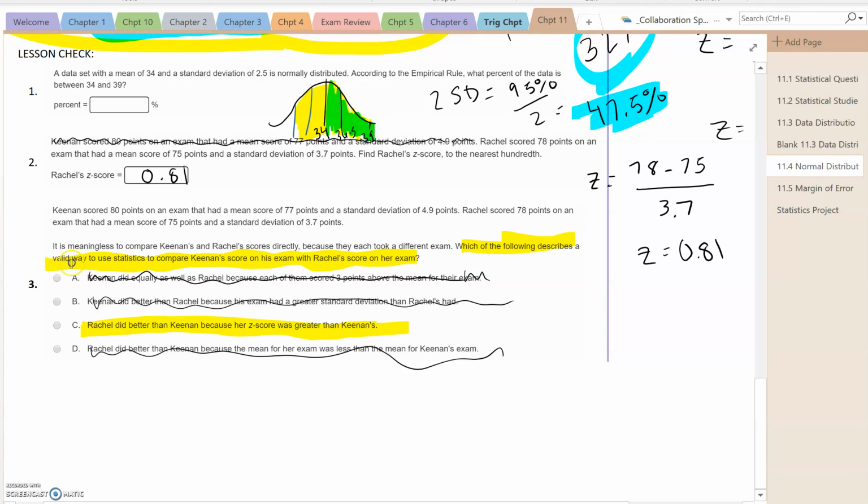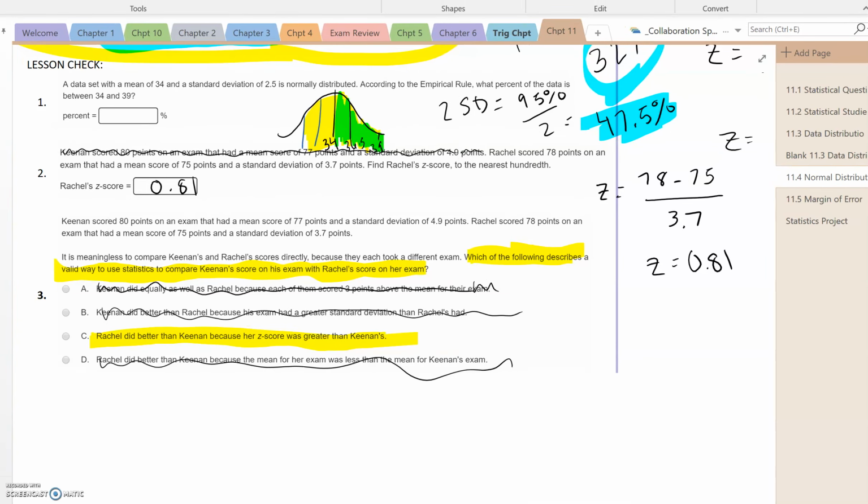The way to standardize different data so you can compare it is by using z-scores. So C here would be the answer. Use z-scores, figure out who has the higher z-score, who did better compared to the mean on their respective test, and that will help you determine who did better overall.